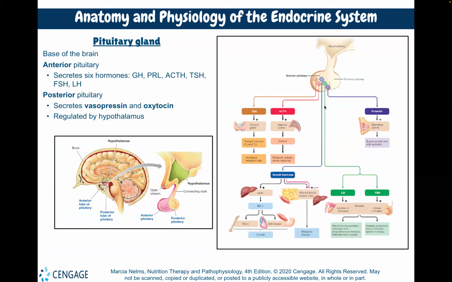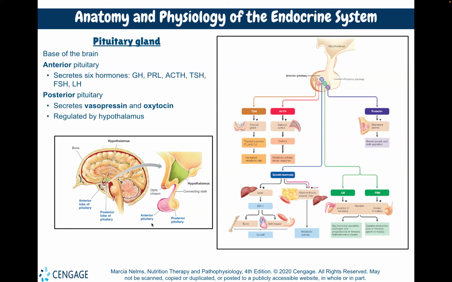Now, the major organs of the endocrine system include the pituitary gland, and this is found at the base of the brain, and we divide it in between the anterior and posterior pituitary. These we talked a lot about in nutrition through the life cycle because these often relate to the hormones related to growth and development.